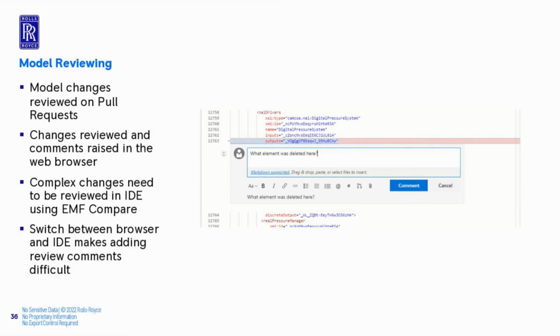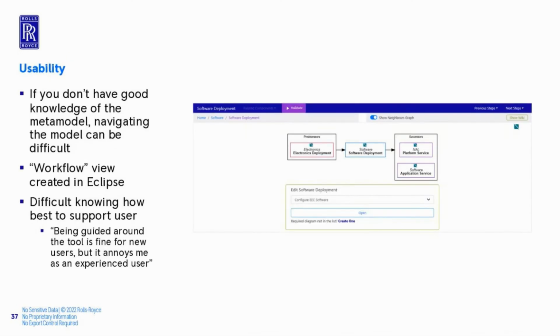So this results in the reviewer checking out the model in Eclipse, then having to switch to the web browser and add the comments there, trying to find the correct location in the file, and then switching between the model in Eclipse and the web browser to add the review comments. This is quite a laborious, error-prone task. And ideally, we need to be able to understand all the changes within the web browser.